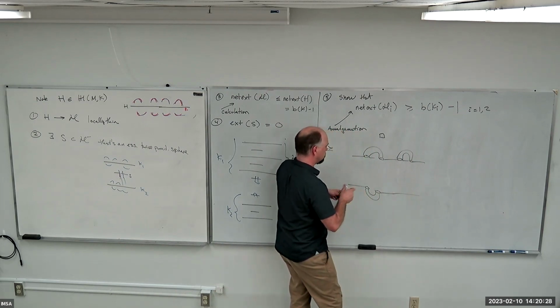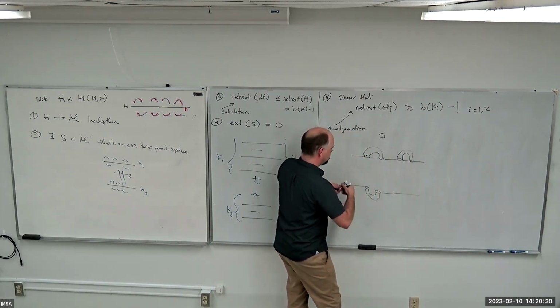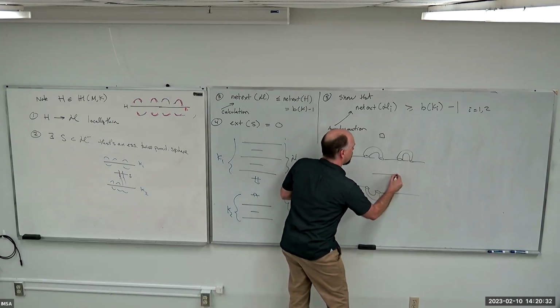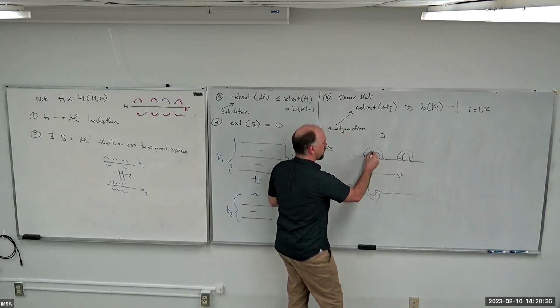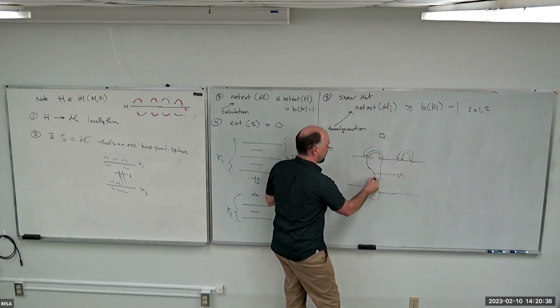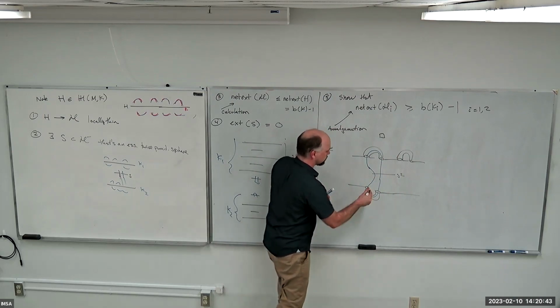Maybe one down there. And you have a sphere right here. And you take the connect sum of a knot that lives in here, and that runs through those one handles like that.